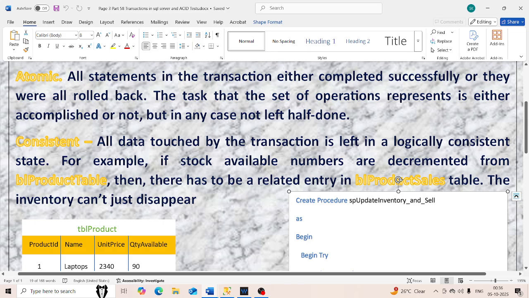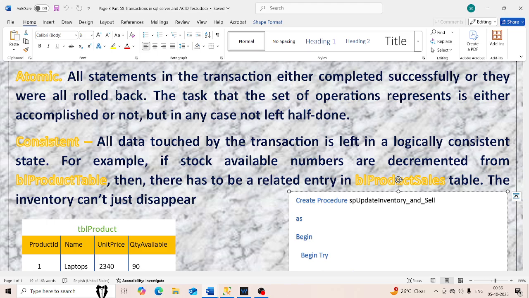The transaction should also be consistent, which means all data touched by the transaction is left in a logically consistent state.